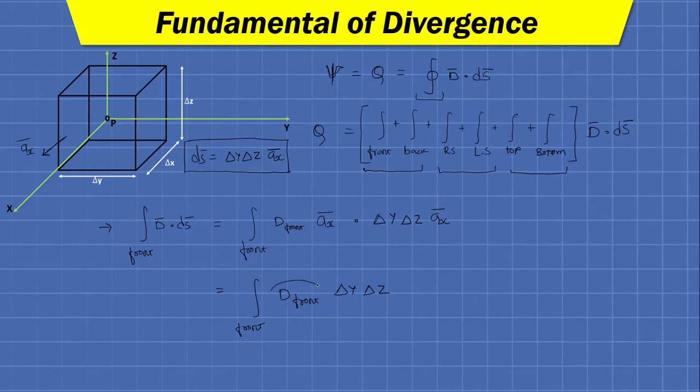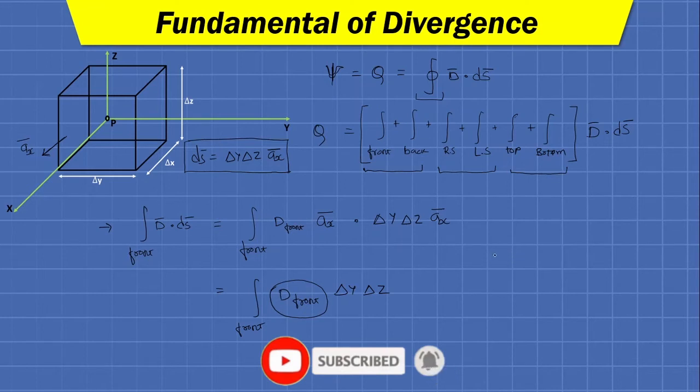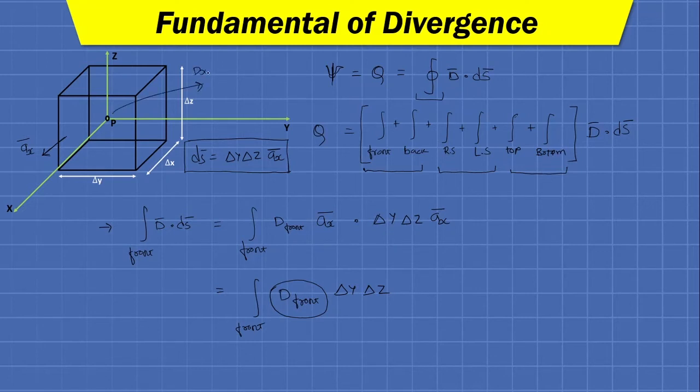Still we don't know the value of D front, but our flux is changing with reference to its coordinates of point. So if at point P the amount of flux density was Dx0 ax bar plus Dy0 ay bar plus Dz0 az bar, and we move delta x by 2 distance, then the density will have changed.